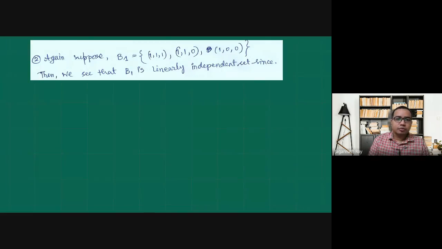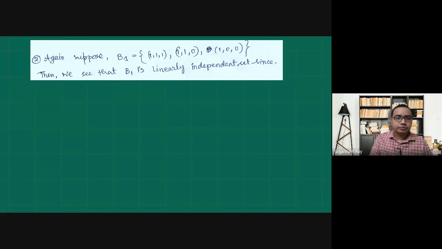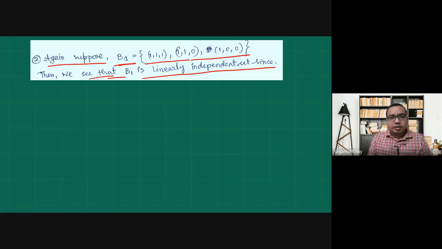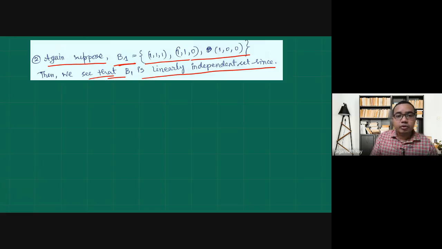Now, the task is to verify whether it is a basis or not. Suppose V1 is another set of vectors, then we can show that it is linearly independent. For this, what we need to do? Take the vectors (1, 1, 1), (1, 1, 0), and (1, 0, 0). Let us take the determinant.